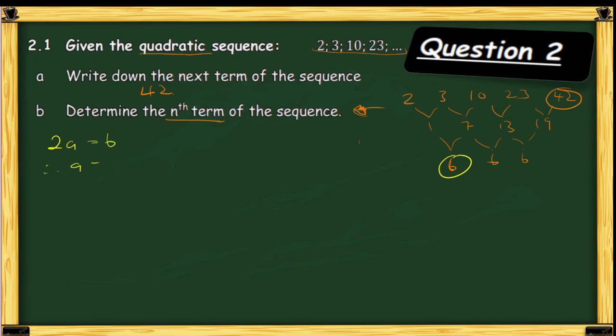Therefore, a is equal to 6 divided by 2, which is 3. Then we shall have 3a plus b being equal to 1. So that's just 3 times 3 plus b being equal to 1. And then we subtract 9 from both sides. That obviously zeroes out. Therefore, b is equal to negative 8.